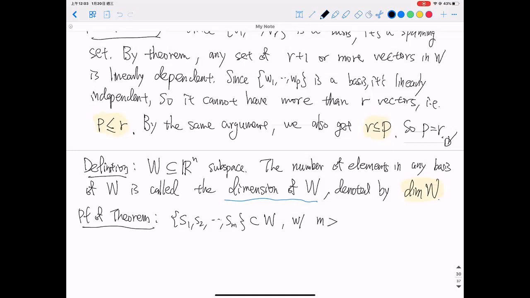And let's assume that M is bigger than P. We make that assumption. And we want to show that this set S1, S2 through Sm is linearly dependent. That's what the theorem states.